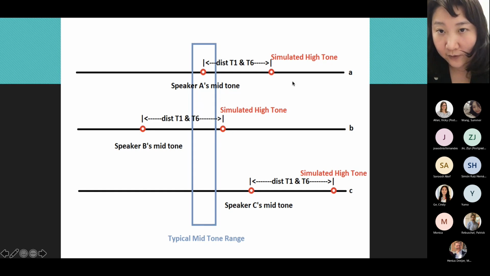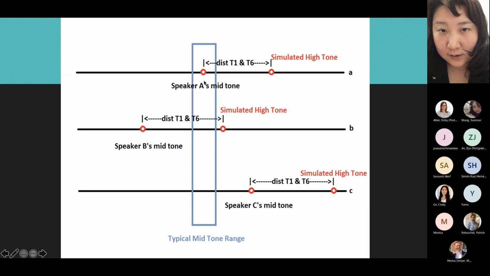However, if we provide some contextual information, say we create some high tone, as if this midtone should be a low tone, then if you look at the contextual information, this tone should be perceived as a low tone instead.